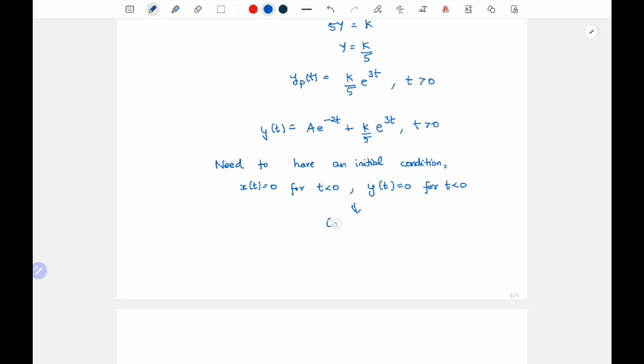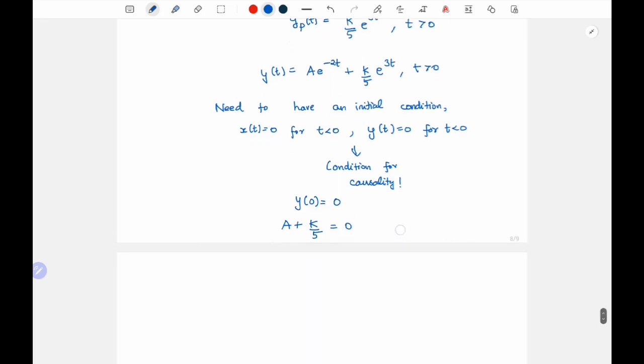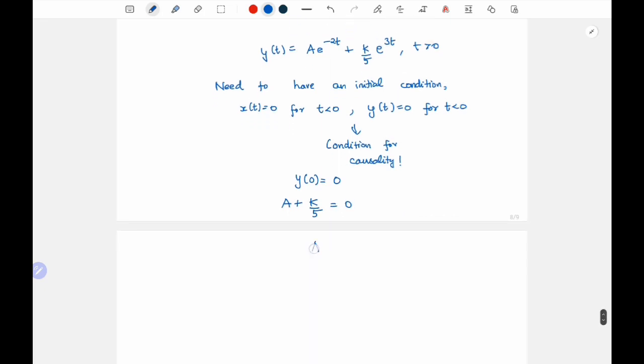This is nothing but the condition for causality. Right? So we say at y of 0 also it will be equal to 0. So if you apply that condition, we will get a plus k by 5 is equal to 0, or in other words, a is equal to minus k by 5.